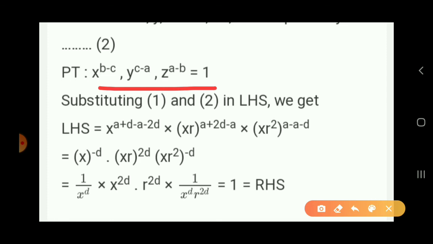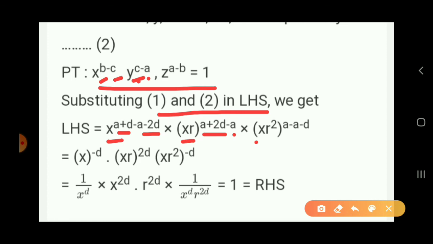Substituting 1 in 2 in the left hand side, we get x power b minus c, for b and c use these values: a plus d minus a minus 2d, and y for XR, c is a plus 2d, a is a.